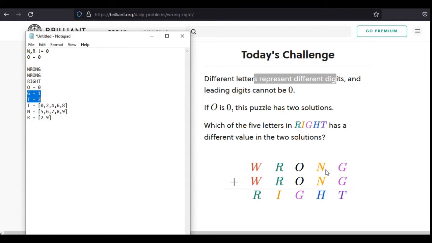Irrespective of what number it is, H also has to be an even number.